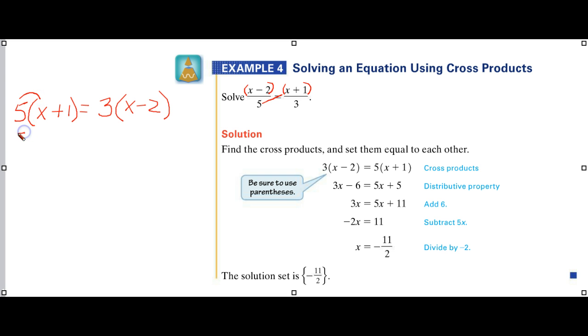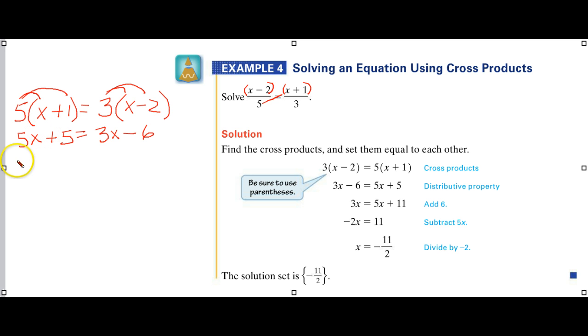This will be a 5x plus 5 equals 3x minus 6. Now the general rule for solving an equation like this is we can take a term like 3x from one side of the equation and bring it over to the other side.